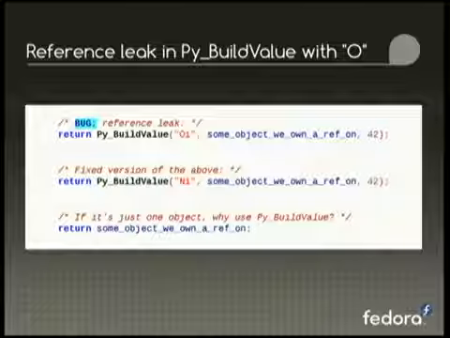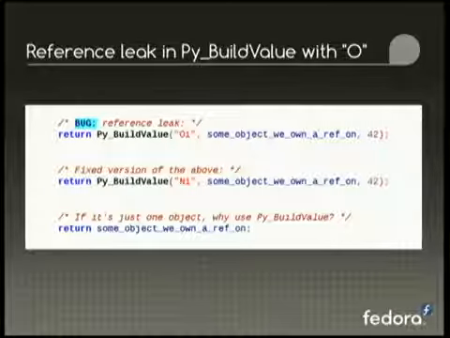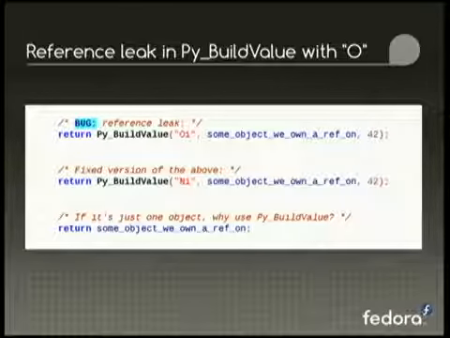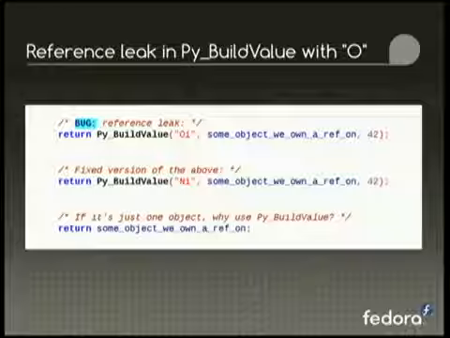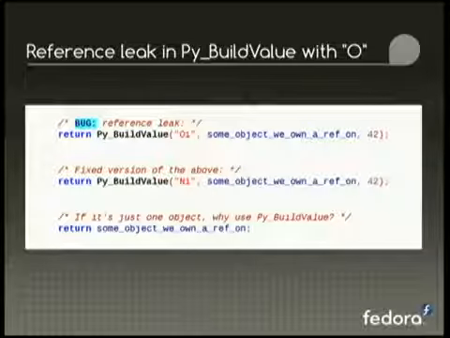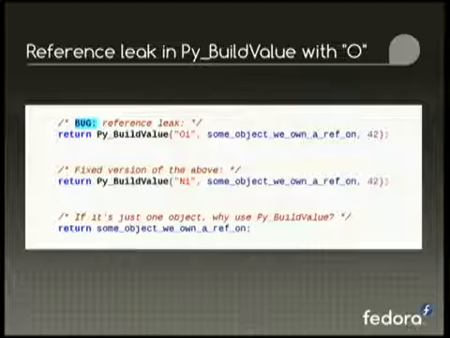We own that reference, and the O control code to Py_BuildValue adds a new reference into the newly constructed object, and we still own that reference on that local. And so that's going to leak. We're missing a Py_DECREF. Thankfully, there's this pre-canned N control code, which steals the reference into the newly constructed object so that you're no longer responsible for doing that.